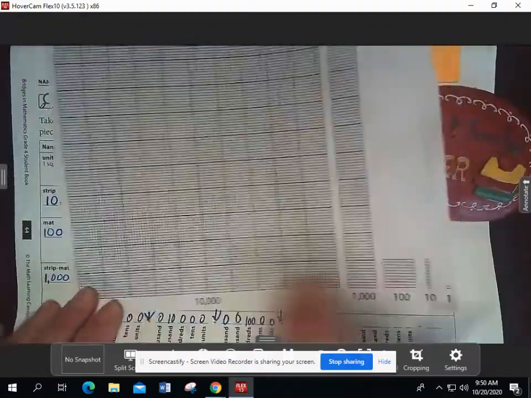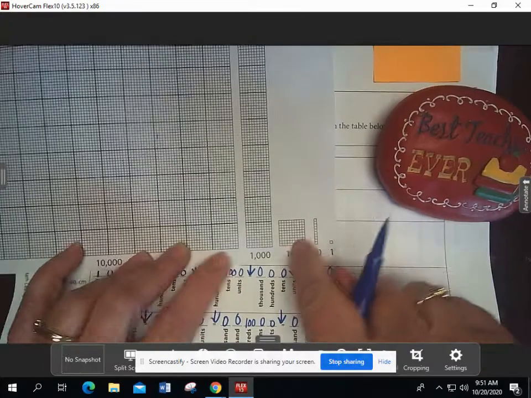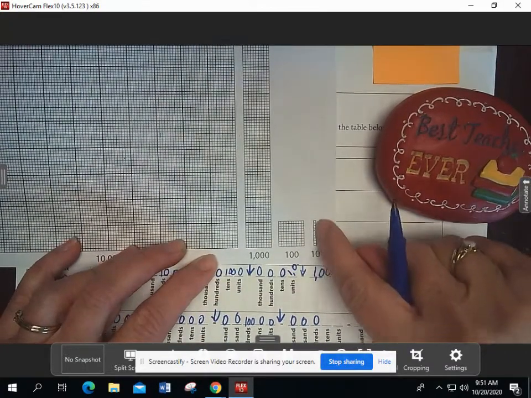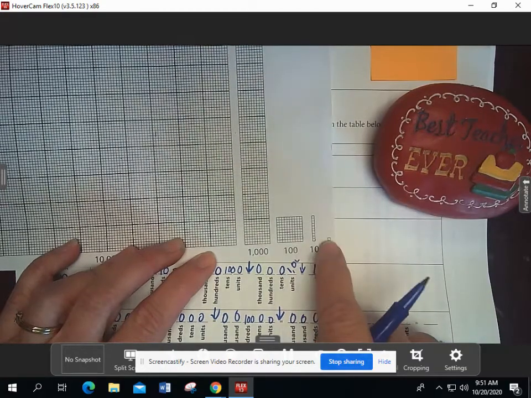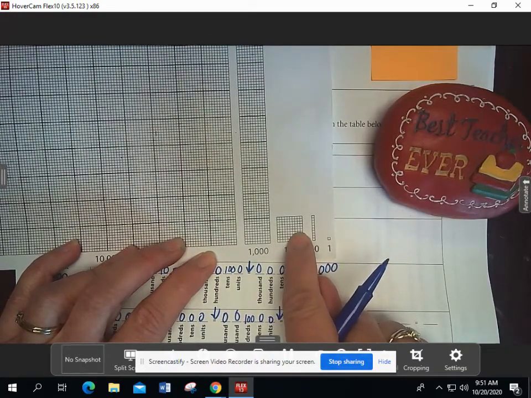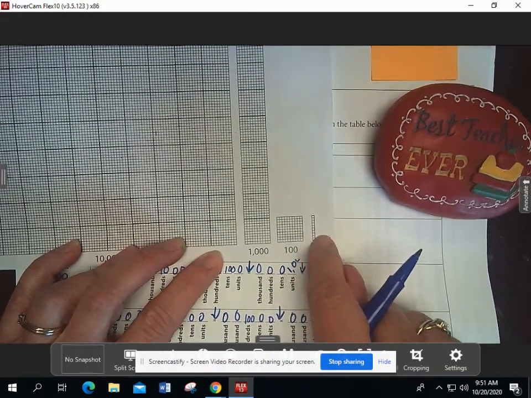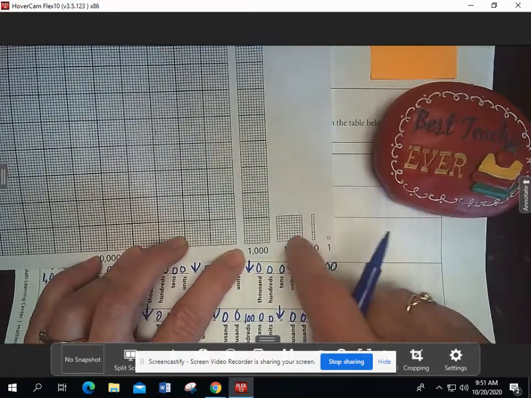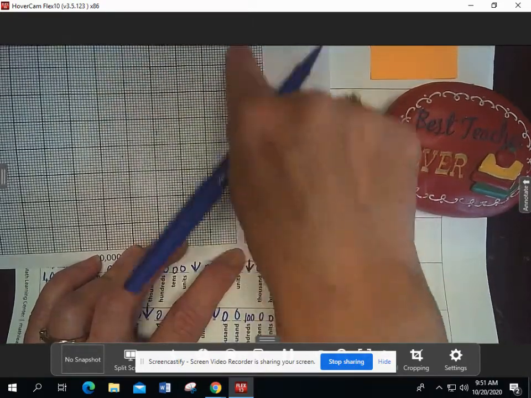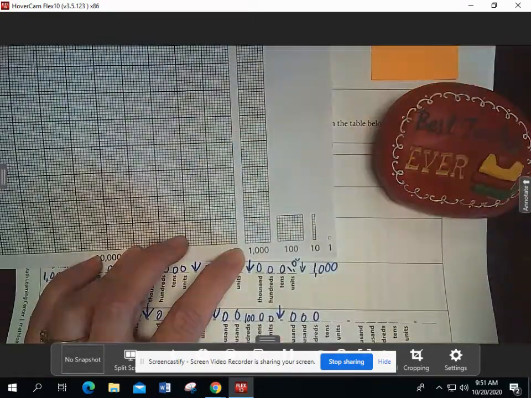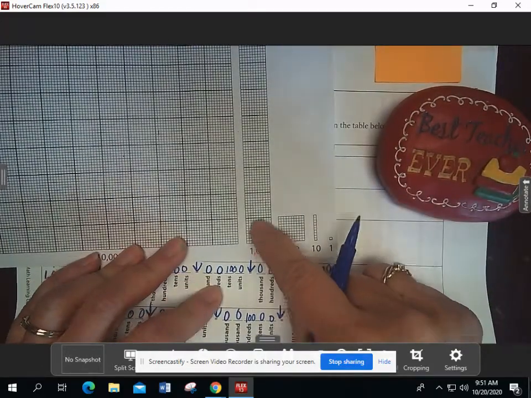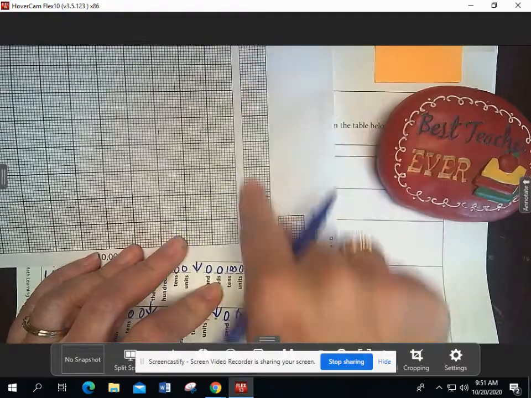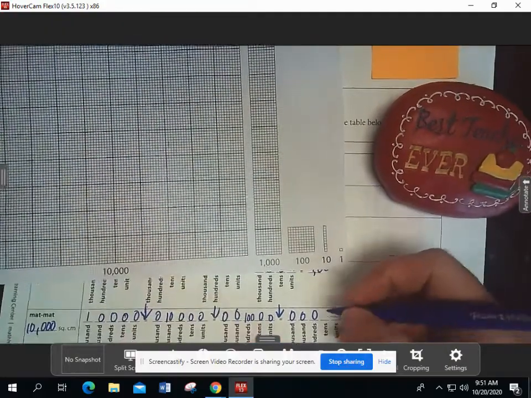Okay, if we were going to cut all of our hundreds into these, there are 10 of them in here. If there's 10 groups of 10 in here, how many groups of 10 are in one of these? We said there's 100 groups of 10 right there. Oh my goodness, somebody said 1,000.